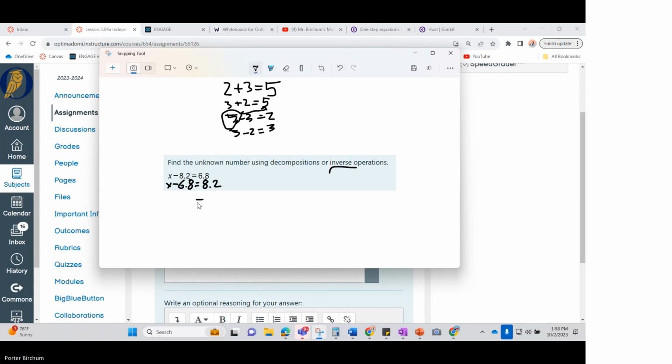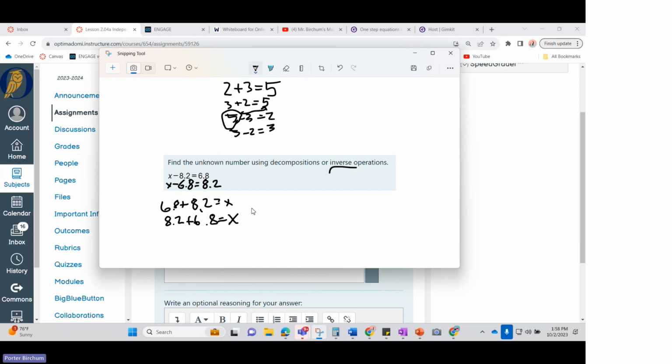So the mystery number becomes the last number because it was first. I got 6.8 plus 8.2 equals question mark, or 8.2 plus 6.8 equals the mystery number.